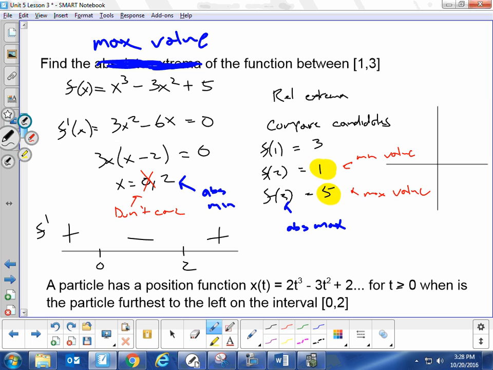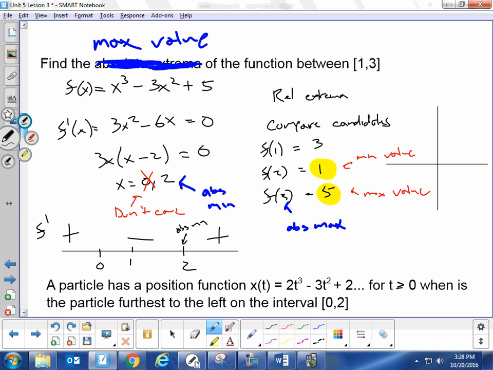If the derivative is negative everywhere between 0 and 2, it's definitely negative between 1 and 2. So if you're going down from 1 to 2 and then up from 2 on, you definitely know that 2 is going to be the location of your absolute min. Then you could have just checked the other endpoint for the absolute max. So that is a possibility.